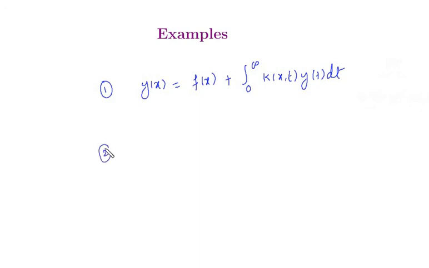Again, this classification is based on the limits of the integral or the kernel. And let us take one more example wherein your kernel becomes infinite. y of x is equal to integral 0 to x of 1 upon square root of (x minus t) y(t) dt. Now here, though your limits are not infinite, at t equal to x, your kernel becomes infinite. So this is an example of a singular integral equation.